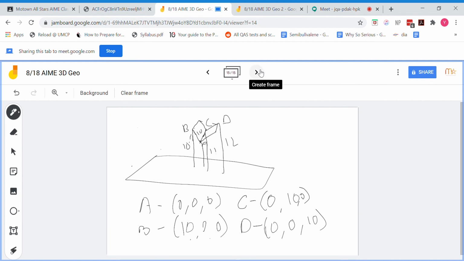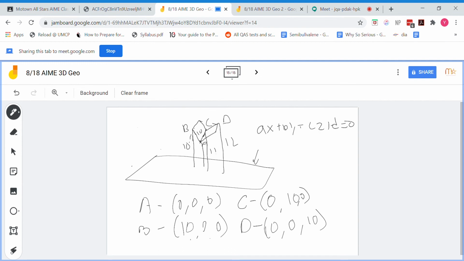If we impose a coordinate plane on this, then this plane has an equation. The general equation of a plane is ax plus by plus cz plus d equals 0.